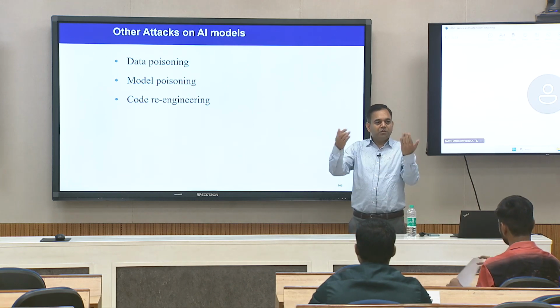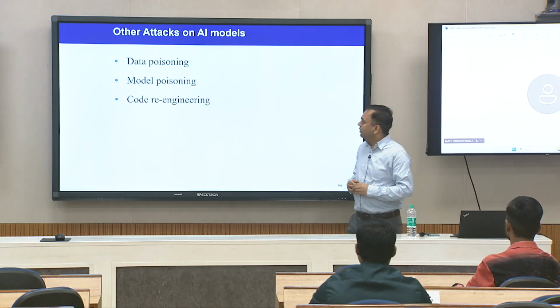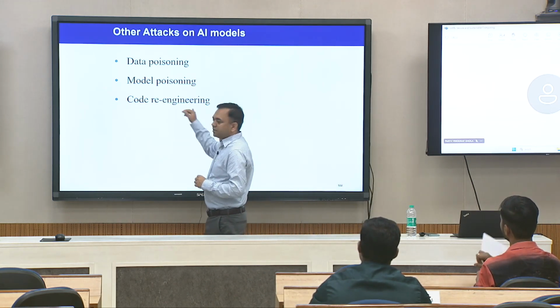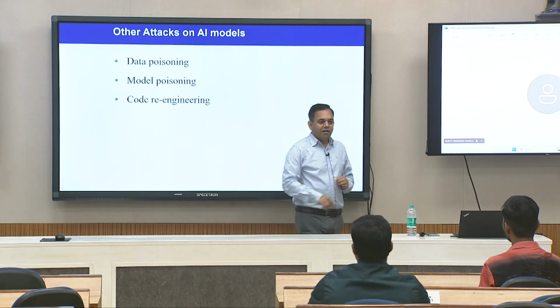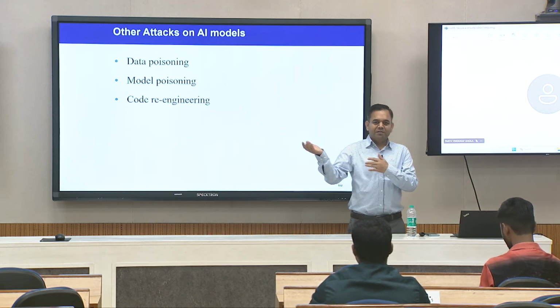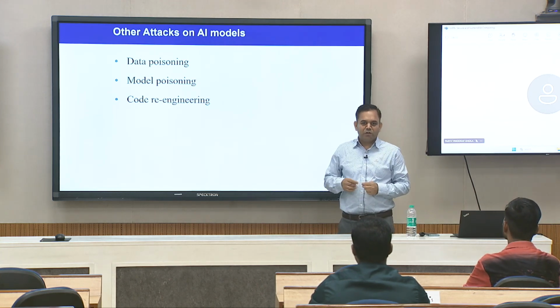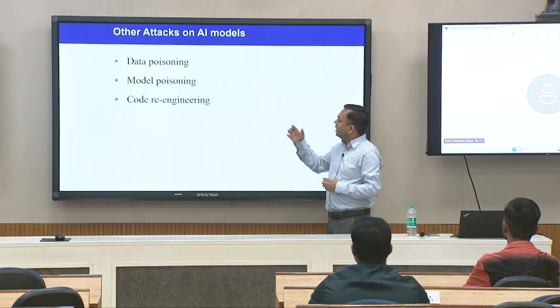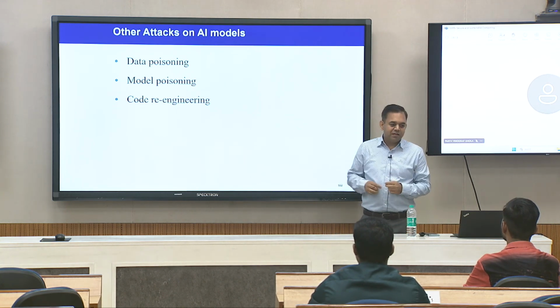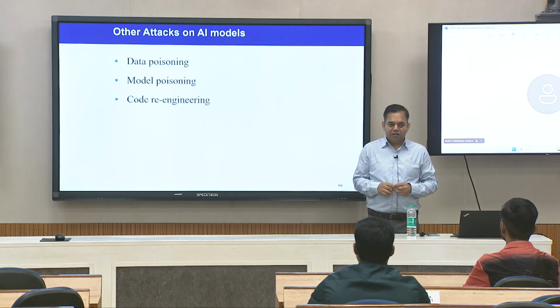So what you could do is take an open source model, make some changes in the code, and upload it again. It can be something that is going to spoil the responses of the model, yeah. And then basically it's an attack on the AI model, yeah.